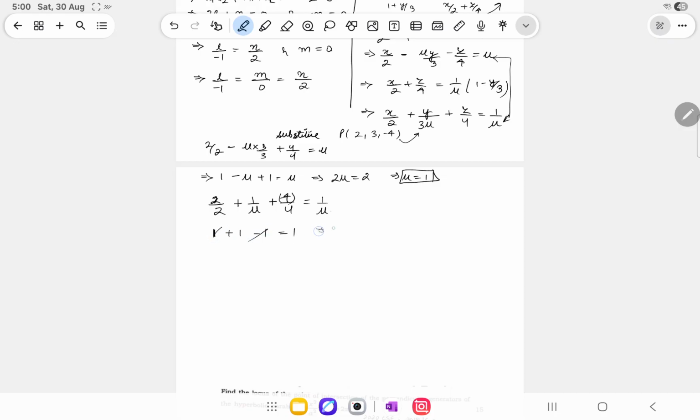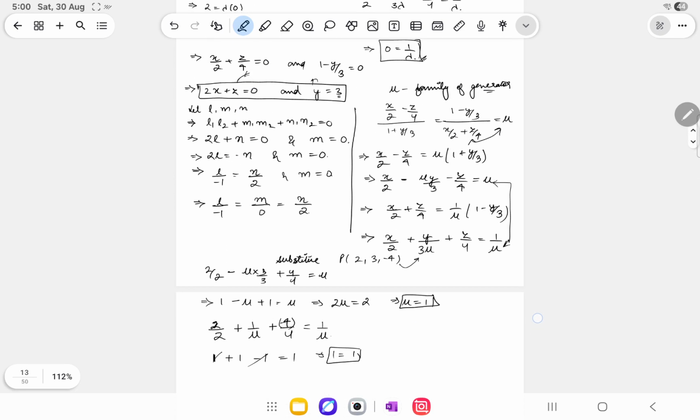So it is giving me 1 is equal to 1. So the given mu satisfies this as well. So mu is equal to 1 for the mu family of generators.